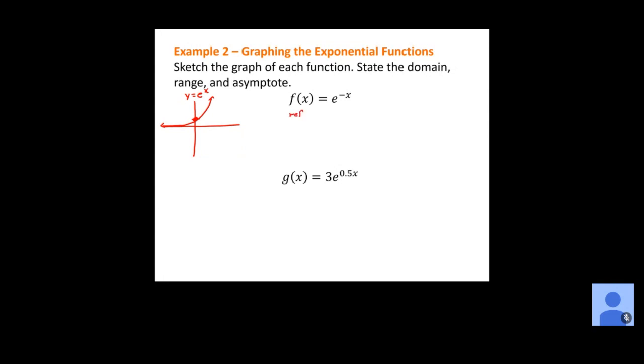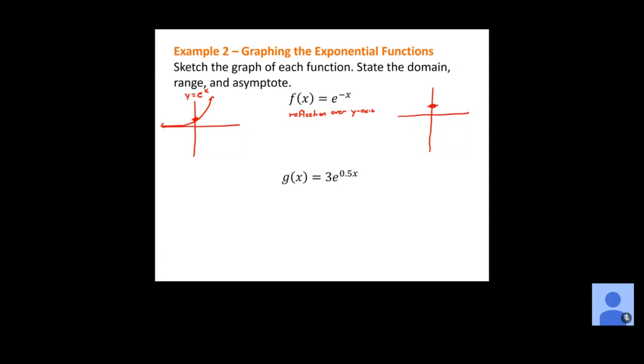So this time we have a reflection over the y-axis. All right, so now let's think about that graph then. If we reflect over the y-axis, where is the y-intercept going to be? Still at 1. Good. So that doesn't change.